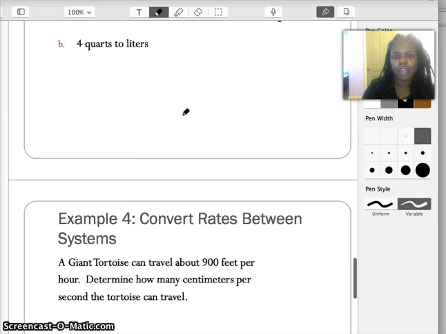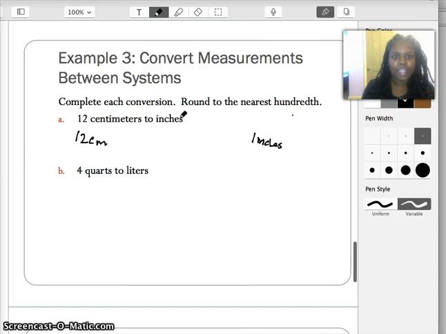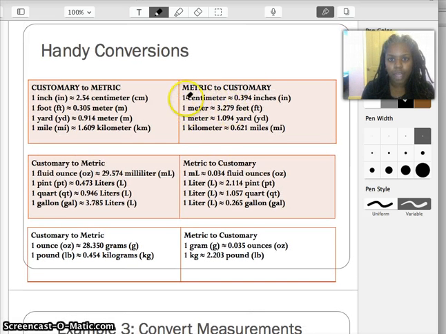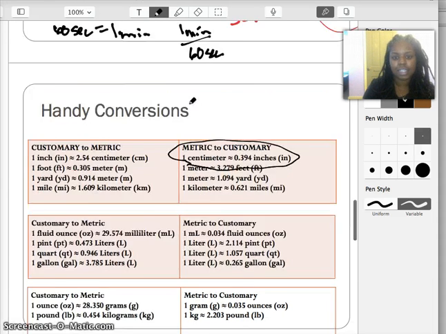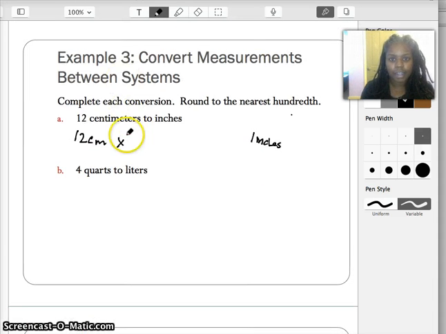How does that work here? Well, I have centimeters here, and I want to change them to inches. When I use this rate, 394 thousandths of an inch is equal to 1 centimeter, so we have a conversion factor because they are equivalent.